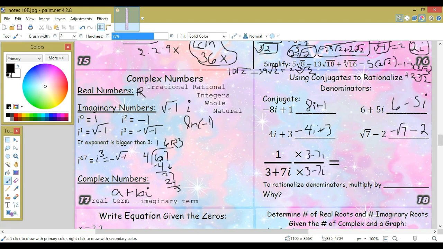If you multiply that out, you get 3 squared minus 7i squared at the bottom, and then at the top you have 3 minus 7i. If you multiply that out, you get 3 minus 7i over 9 plus 49. And your simplified form, your rationalized fraction would be 3 minus 7i all over 58.